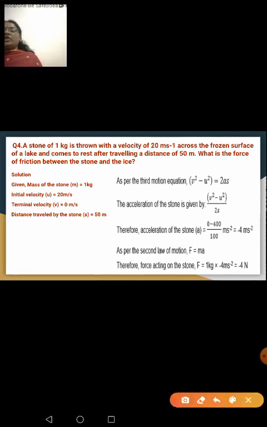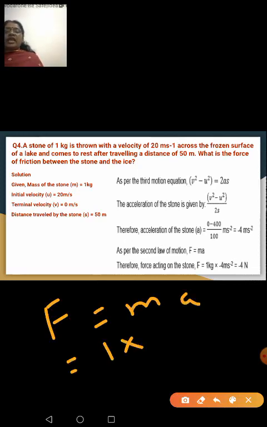Now, by applying the value of a, we will calculate the force applied there. F is equal to ma. In the place of m, I will write 1 kg. a we have calculated as minus 4 meter per second square, or m s raised to minus 2.